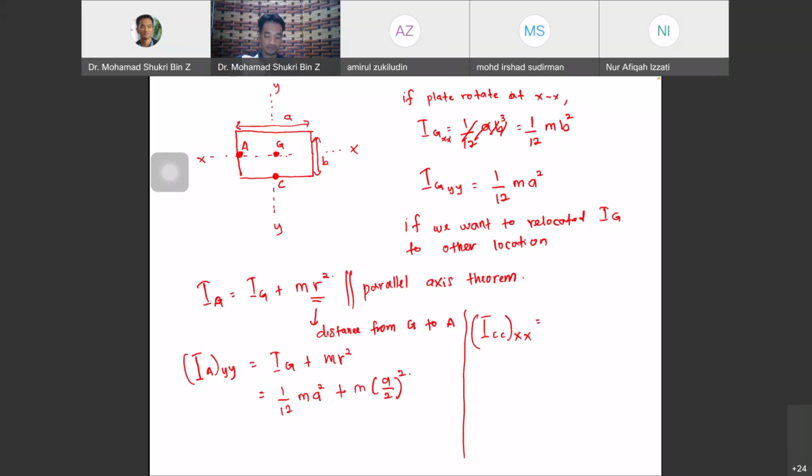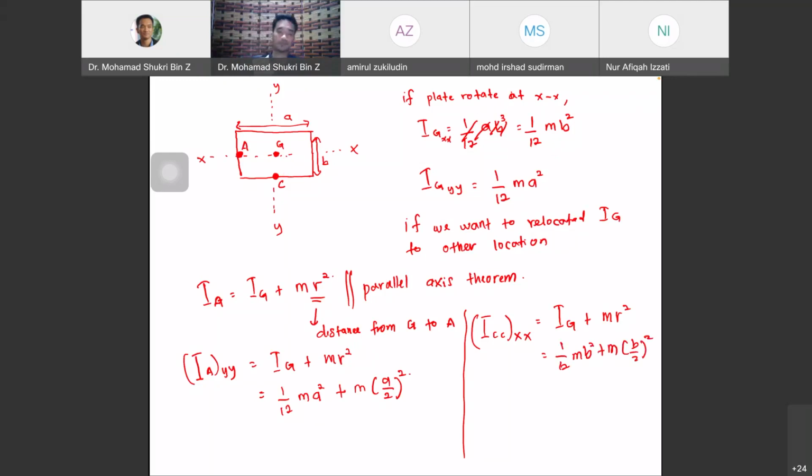The formula is the same: IG plus MR squared. IG is 1/12 MB squared, plus M times the distance from gravity to C, which is B over 2, so B over 2 squared. So that is how we transfer.